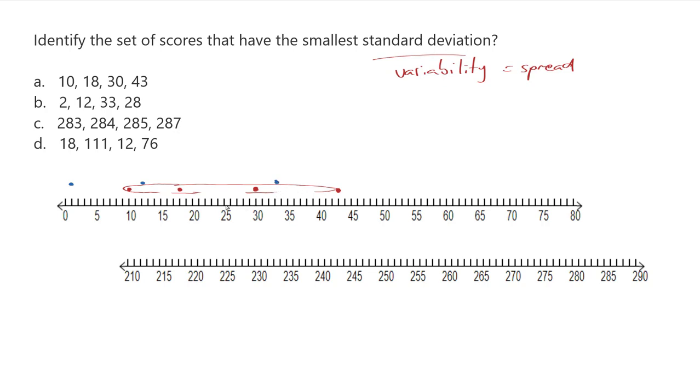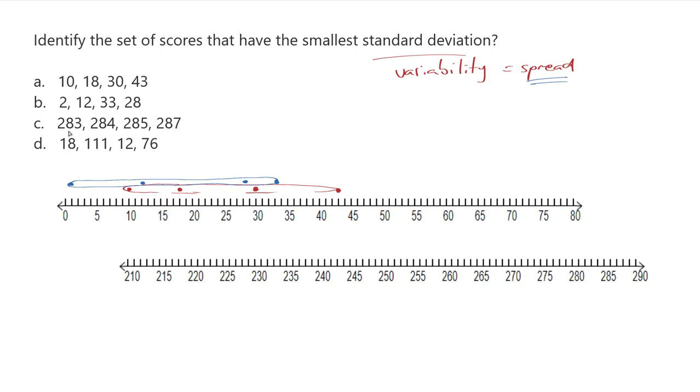Okay, so 25, 26, 27, 28. All right, so a very similar amount of variation there, considering that variation or variability can be represented as spread in a set of numbers.